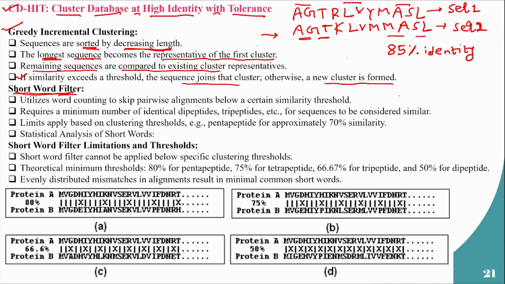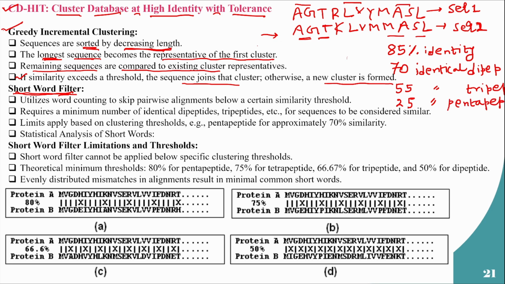You will find that these two sequences will have 70 identical dipeptides, 55 identical tripeptides, 25 identical pentapeptides, and so on.